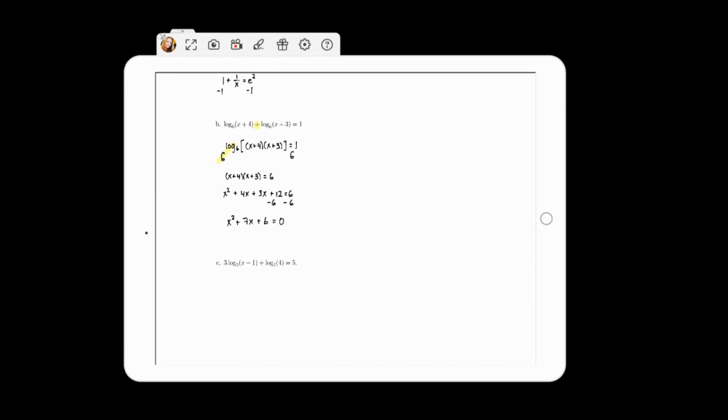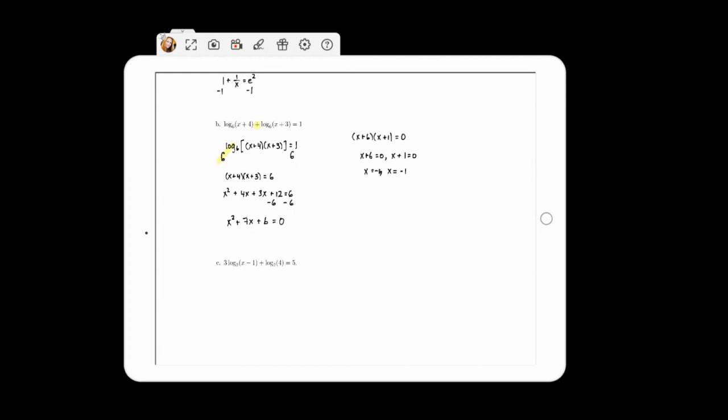Now we have a quadratic equation, our favorite. So either try to factor it, in this case it works, or simply go directly to the quadratic formula. I choose to factor it as x plus 6 times x plus 1 equals 0. And using the zero product rule, I get x plus 6 equals 0, or x plus 1 equals 0, which means x equals negative 6 and x equals negative 1 are my potential solutions.